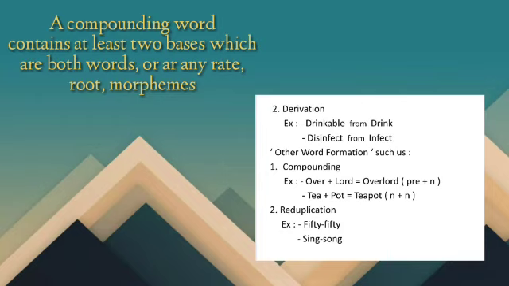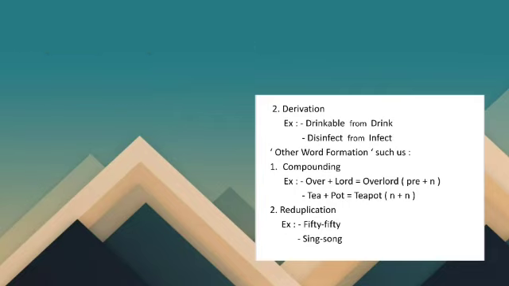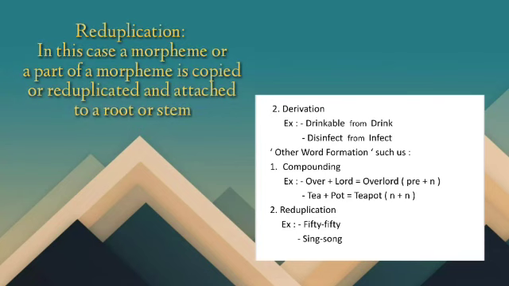Tea plus pot, to be teapot, it's noun plus noun. Next, reduplication. In this case, a morpheme or a part of a morpheme is copied or reduplicated and attached to a root or stem. Or the process of forming a new word by doubling a morpheme. Examples: 50-50, sing song.